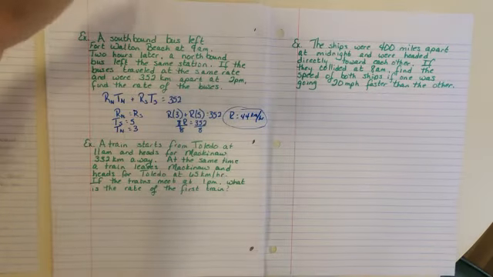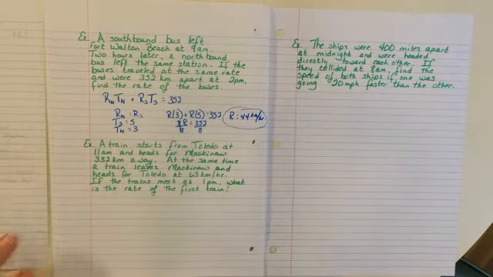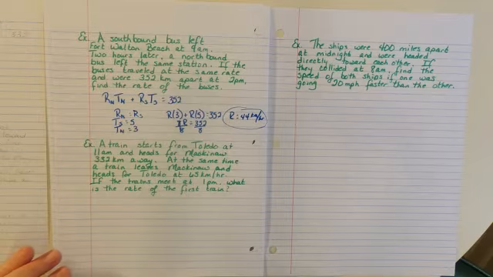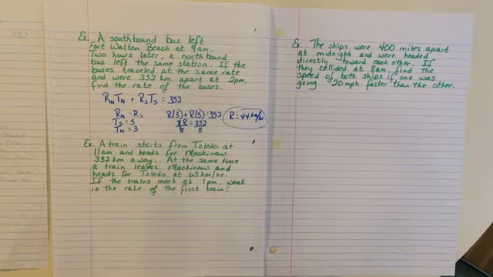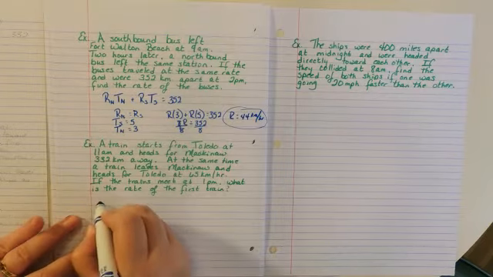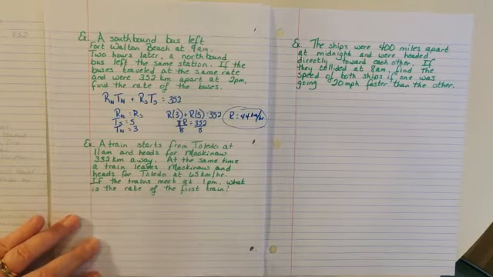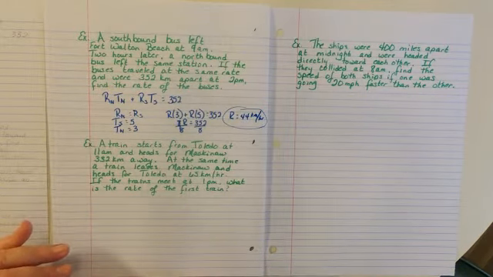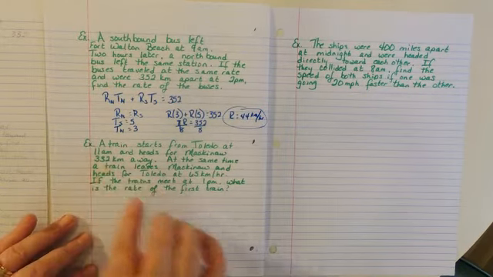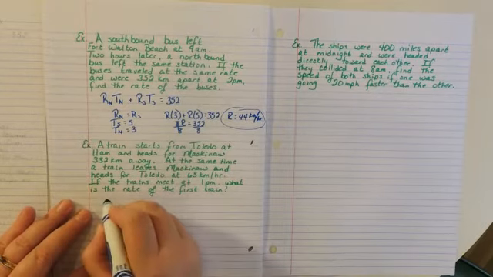Okay, since the distance between Toledo and Mackinac is 332 kilometers, the sum of the distances that the two trains travel to meet each other is 332. So we can say that their total distance is 332 kilometers.